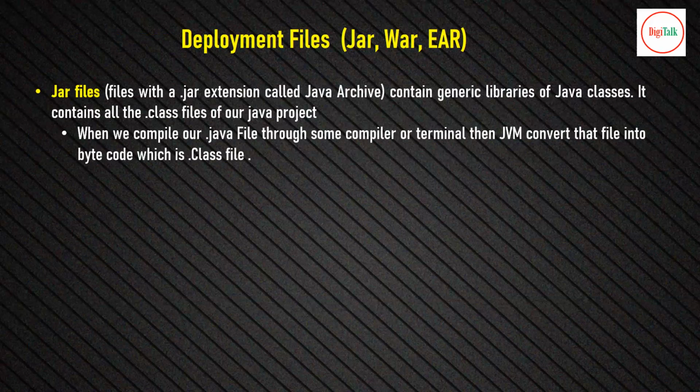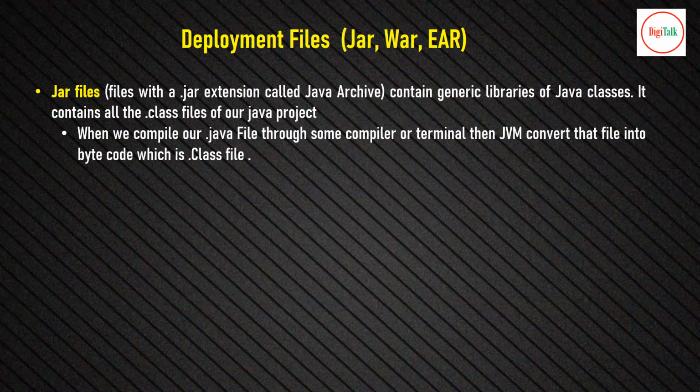So a JAR file comes with a .jar extension. That is a generic library file. You can also say it is a library of Java classes. A library is a kind of file that gets utilized among multiple applications. For example, you have multiple applications, but some code of the applications has the same functionality, which means you need to use the same functionality among multiple applications.